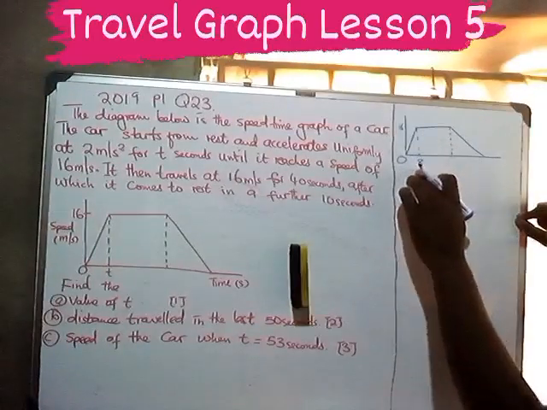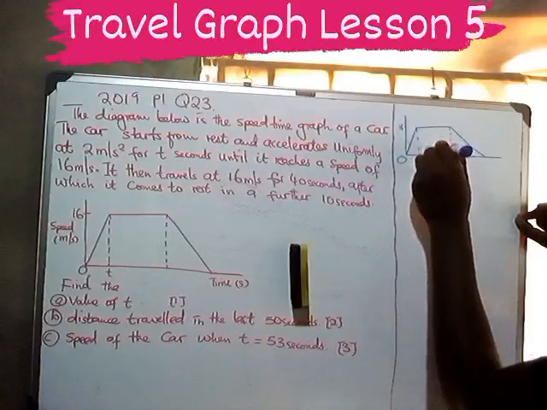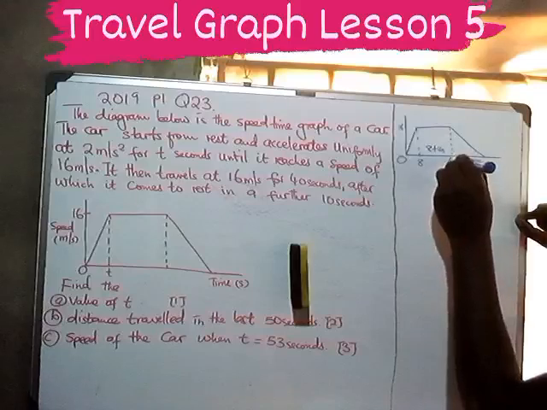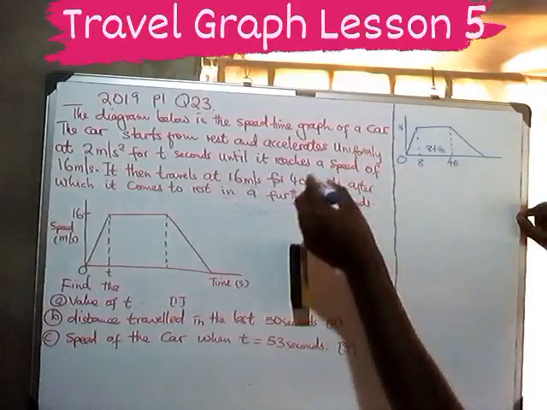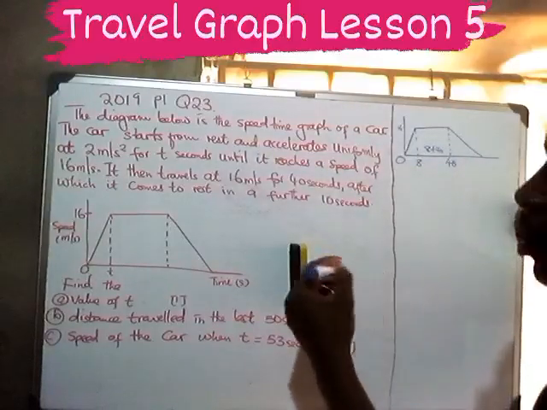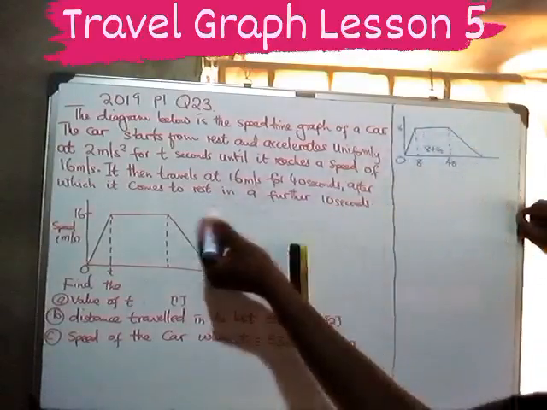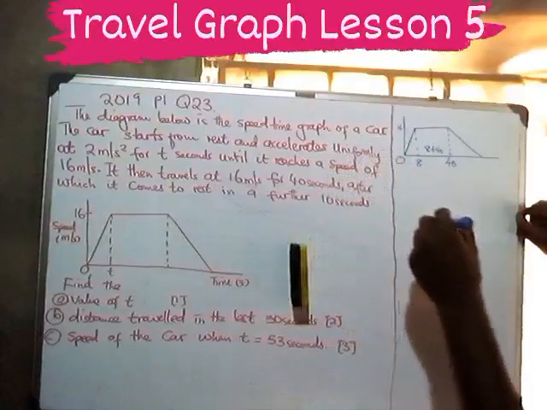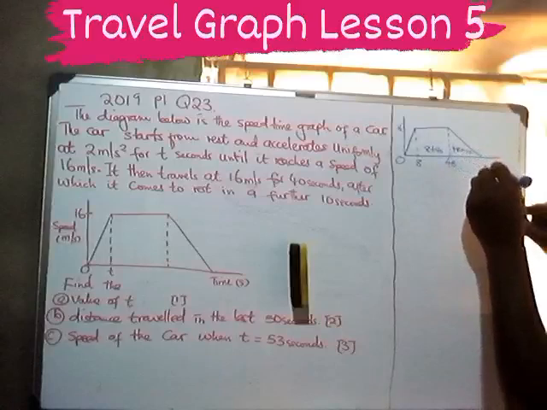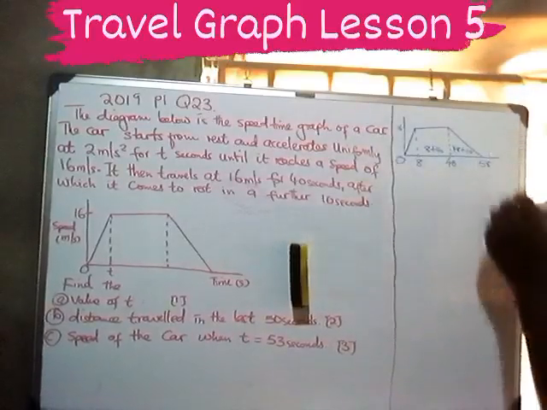So I need to add 8 plus 40, meaning I have 48 at this point. After which it decelerates for a further 10 seconds, meaning now I have 48 plus 10, which is 58 seconds.